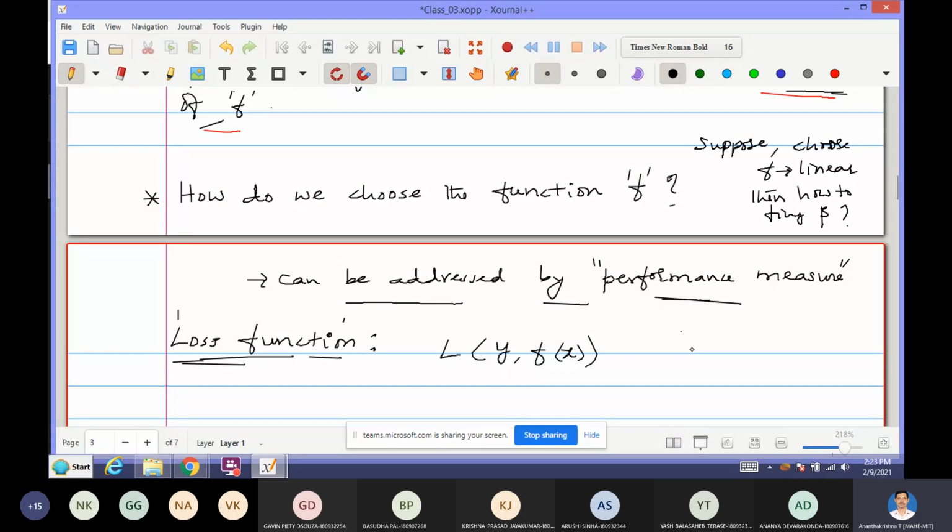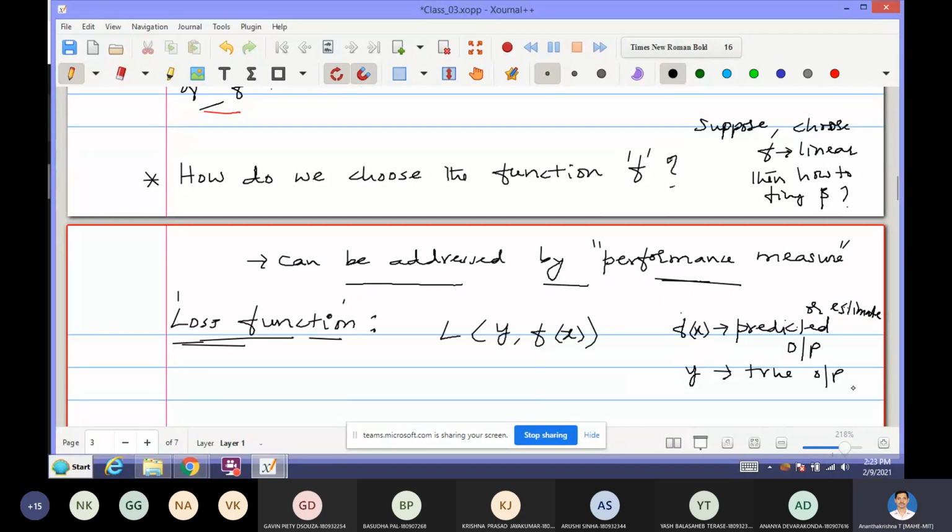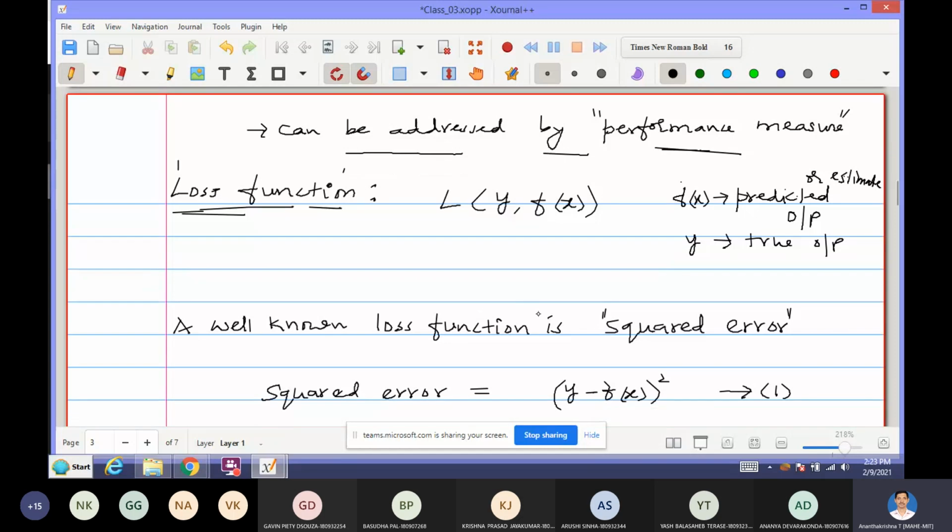Here f of x denotes the predicted output, or estimate, and y is the true output. So what the loss function does is compare these two, y and f of x, and generate an error value.